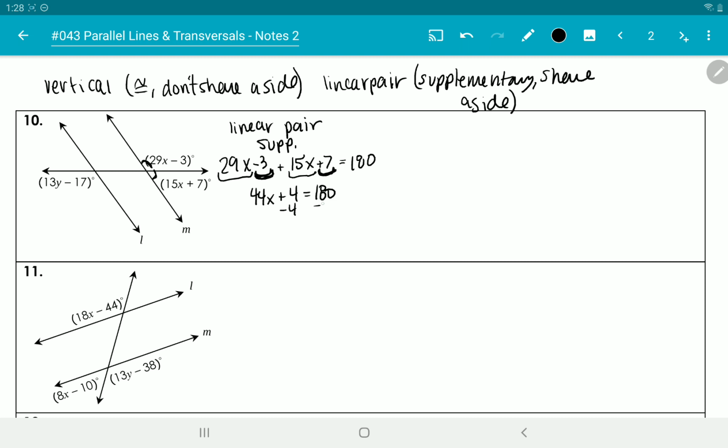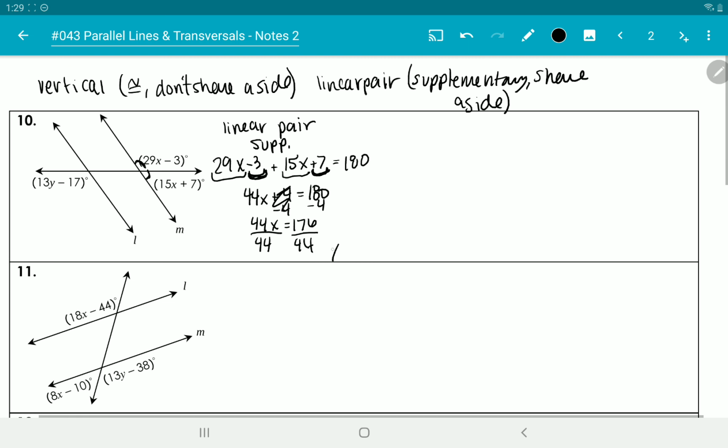We'll subtract 4, which will get 44x is equal to 176, which we can then divide by 44 to get that x is equal to 4. Okay, so now we know what x is equal to.